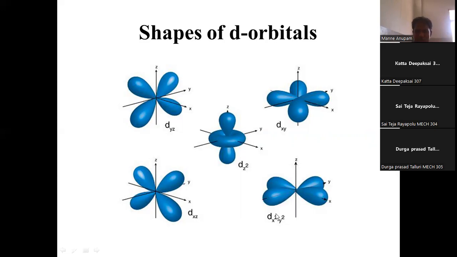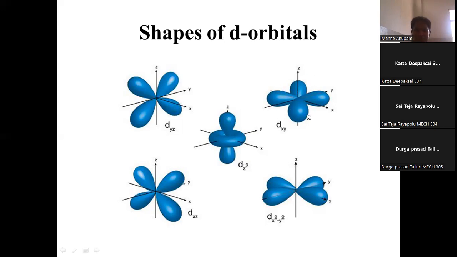That's why this is called dx square minus y square. Then the dz square orbital is mainly concentrated on the z-axis. That's why it is called dz square.